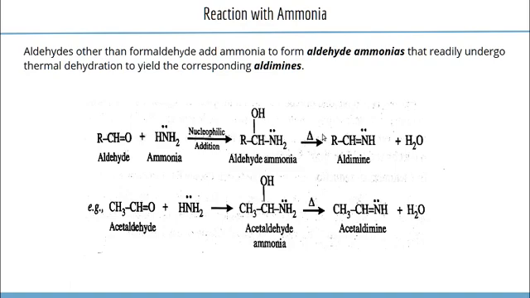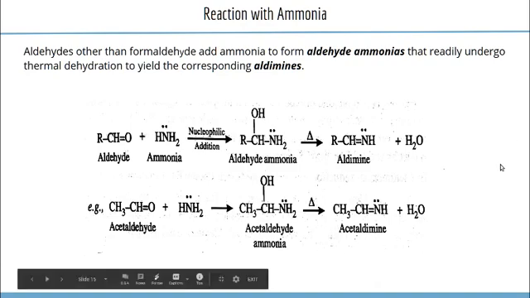Then on heating, a molecule of water eliminates: OH from here and H from here combine to give a water molecule and we will get the aldimine. Simple example, acetaldehyde on treating with ammonia we will get acetaldehyde ammonia, which on further heating we will get acetaldimine with the elimination of a water molecule.